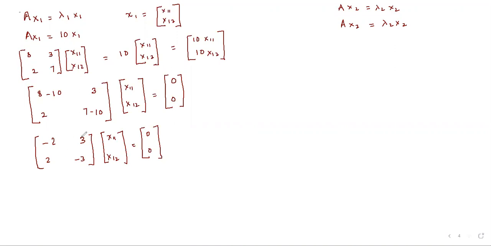If you multiply either row, it always results in the same equation, so we write it only once.